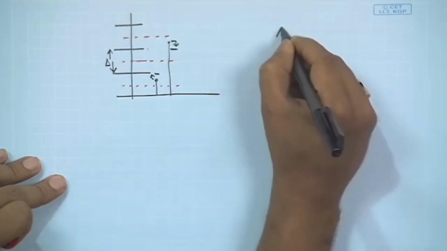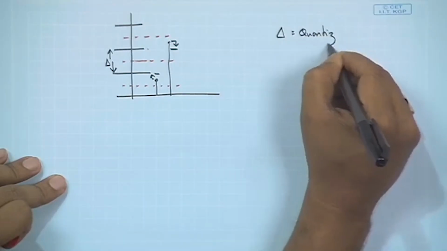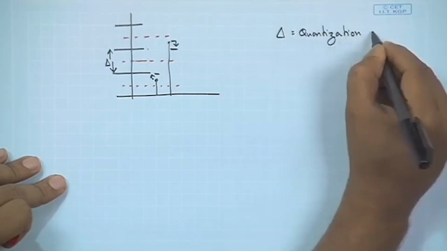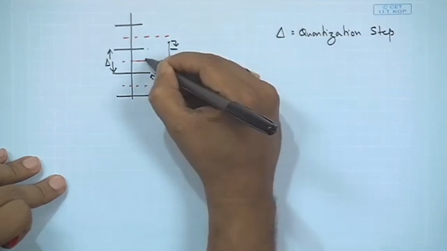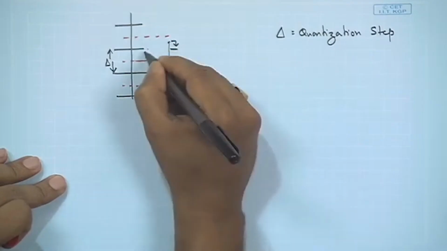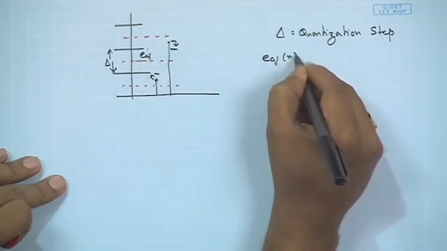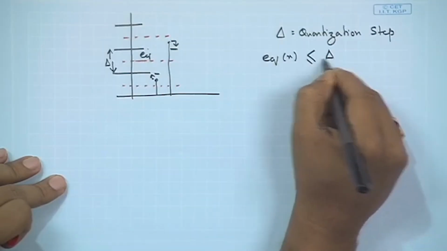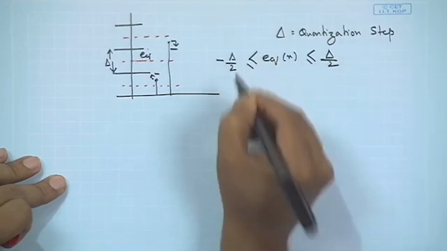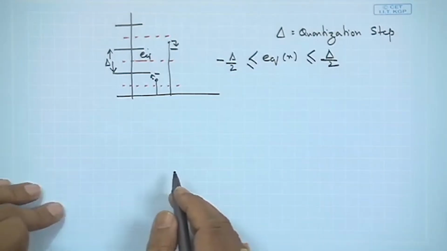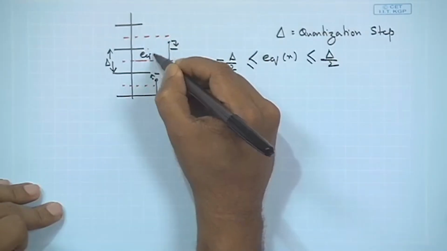So, delta is the quantization step. What we can see is that the error is only halfway. So, we can say E_q[n] is less than or equal to delta by 2 and greater than or equal to minus delta by 2. That means either you are there or you are here.